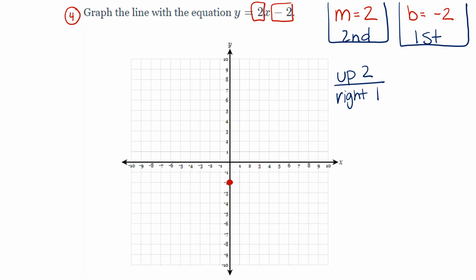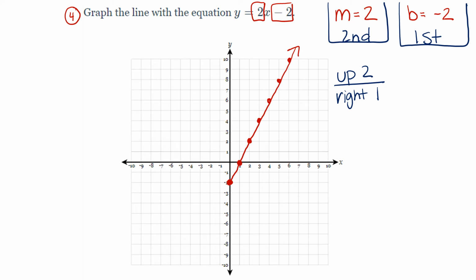So putting our pencil at -2 where we're starting, we go up 2 and over 1 to make our new point. And we're going to do that again, up 2 and over 1. Up 2, right 1. We continue this pattern until we reach the edge of the graph. Once you reach the edge, you can go ahead and draw your line and connect your dots.